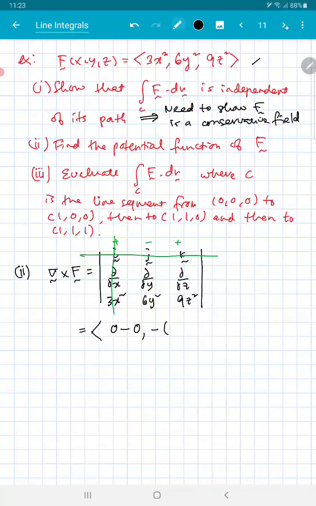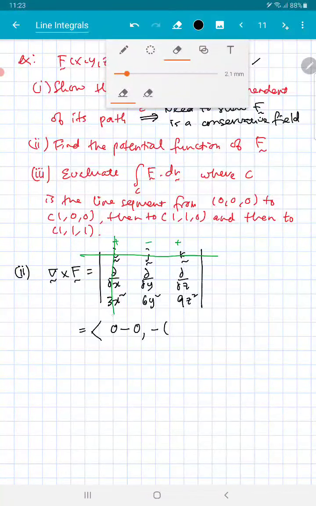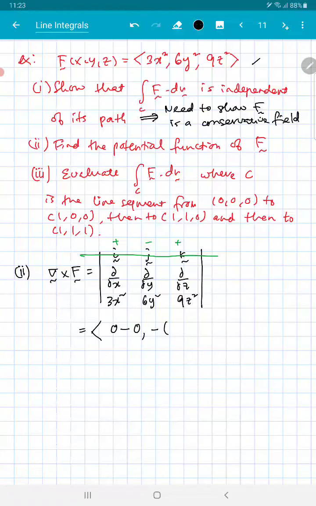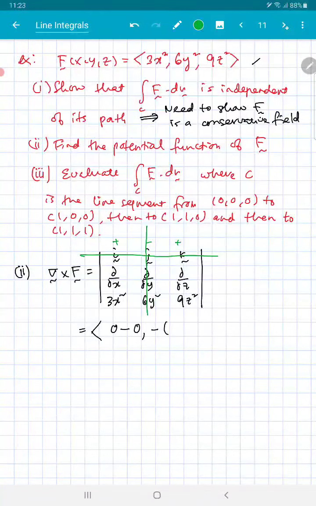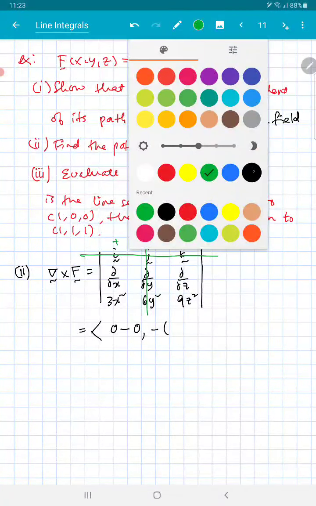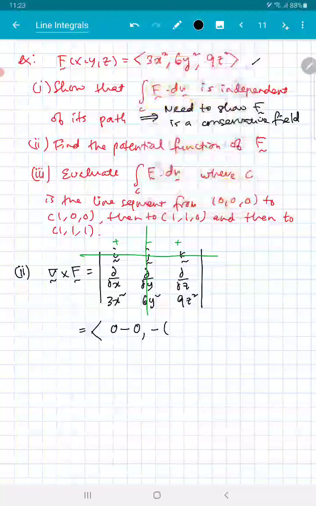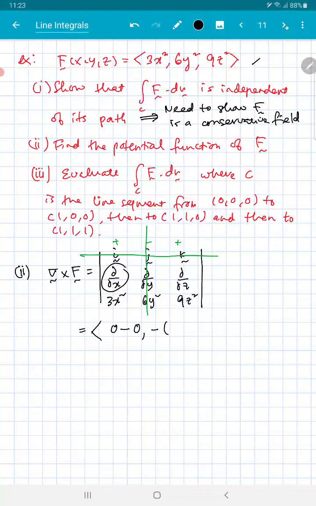Now for the y component, we cross out first row, second column, and get the determinant of the 2 times 2 matrix. So here we have partial x of 9z squared, obviously that will be a 0, and then minus partial z of 3x squared. Definitely that is also a 0.